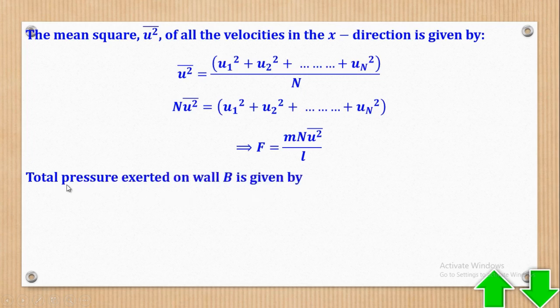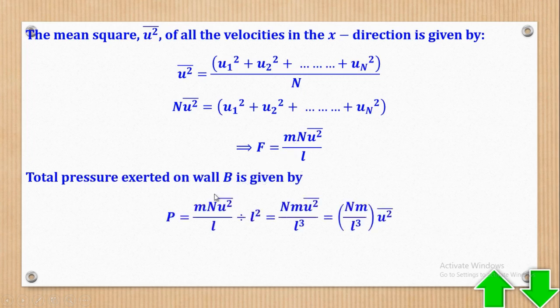Then I'll say that the total pressure exerted on wall B is given by, now this was for only one direction, m N u squared bar over L. Remember, pressure is equal to force over area. So this is force divided by the area. Remember, it was a tube, so the area will be L squared.